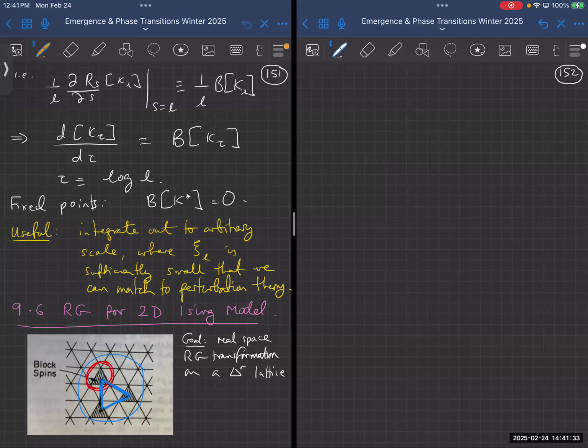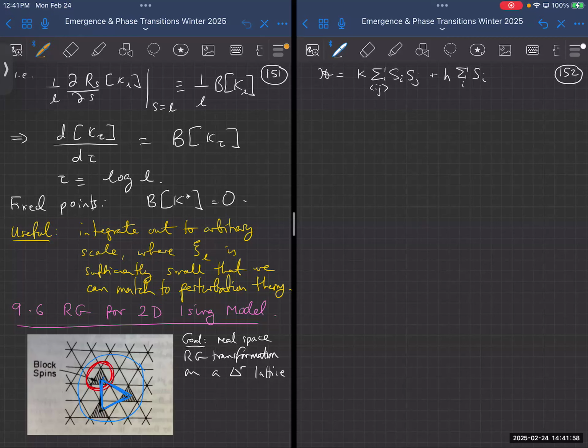Okay, so let's get started. The starting Hamiltonian that we're going to use is our usual one. K, which is J over kT, times the sum over nearest neighbors of S_i S_j, and then an external field H times the sum over i of S_i. So that's our starting picture.